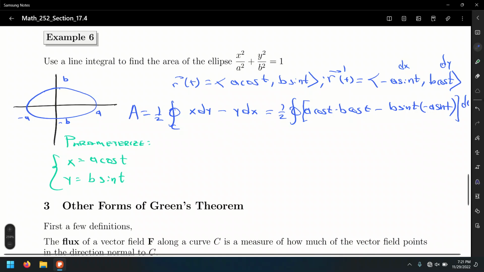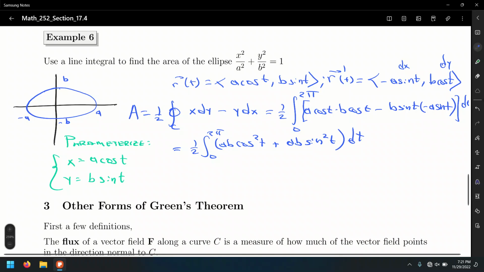In this case, I'm going to integrate between 0 and 2 pi. The limits 0 and 2 pi make sense because we're going around one cycle, right? So let's simplify this. We get 1/2 the integral from 0 to 2 pi of ab cosine squared t, and the negative times the negative is a plus, so also ab sine squared t dt.